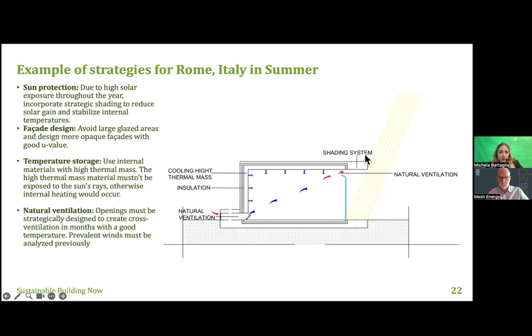It's also important to use certain systems, cooling with high thermal mass. The insulation has to be put outside and never inside, because it's really important that the thermal mass is in the internal part of the building and not outside. Then we could create some openings in the other part to create, for example, stack ventilation or cross ventilation, depending on the case.